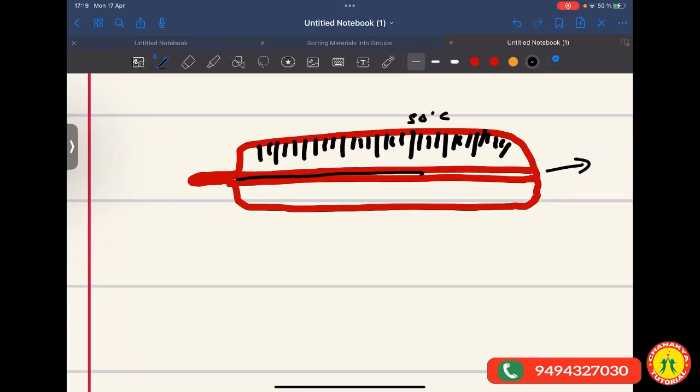Okay, so a clinical thermometer will have a long, narrow, uniform glass tube. So this is a glass tube. And this is mercury. Okay, and this end over here, this is where you place it in your mouth or under your armpit, right?